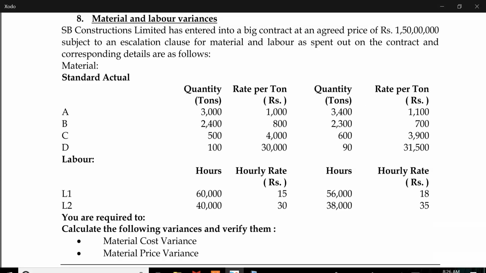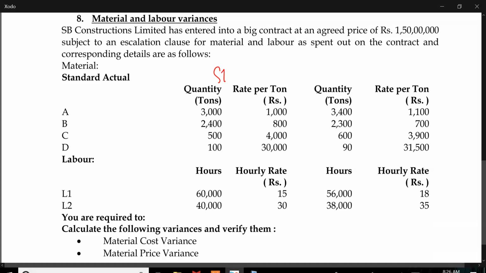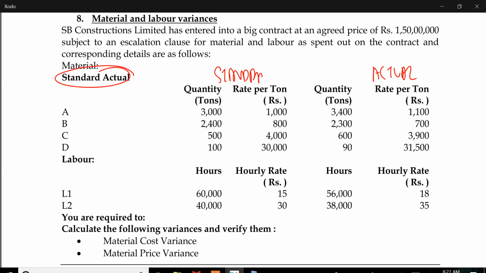Just do a small change in the question. The standard should have come here and actual should have come here. The alignment is an issue. Standard is the first two columns and actual is the next two columns. It should have come that way: standard, actual. Go through question 8.